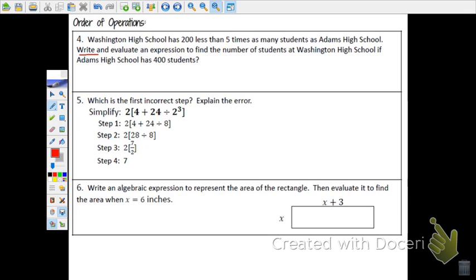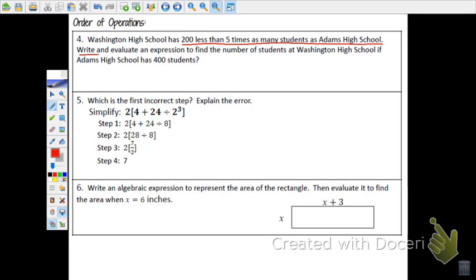First we want to write an expression. When we write an expression, we're just going to use those words. We're not going to substitute the number that they give us yet. So it says they have 200 less than 5 times as many students as Adams High School.